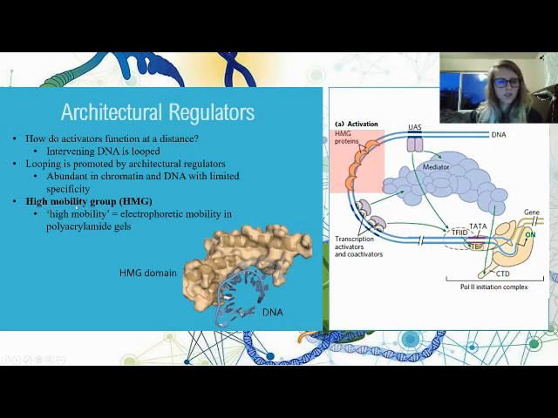An example is the high mobility group, or HMG, named for its high electrophoretic mobility in polyacrylamide gels. It is this domain wrapping around the DNA and causing it to loop so that the initiator transcription factors can bind and initiate transcription.